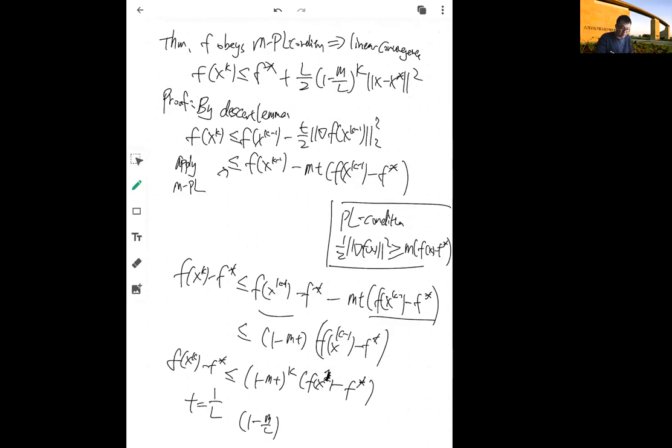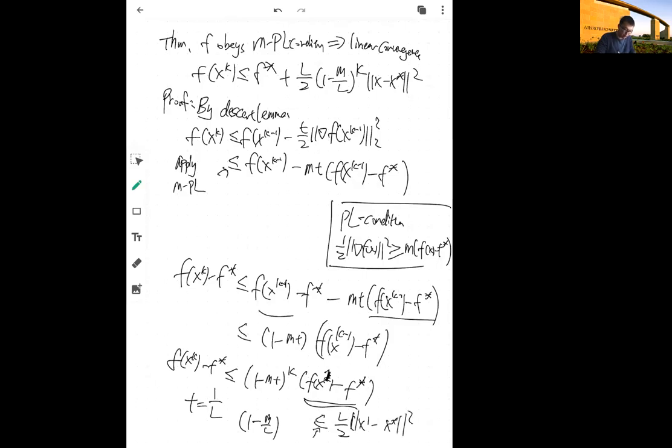And then we can apply the Lipschitz gradient condition to further bound this. Simply use a first order optimality condition, and that allows us to bound this term further with half L times the squared norm of x_1 minus x star, right?